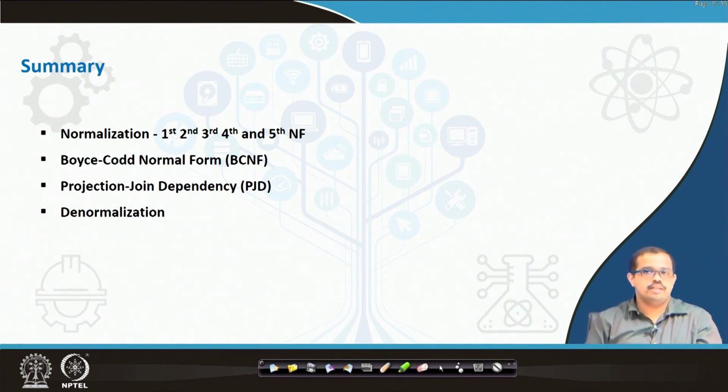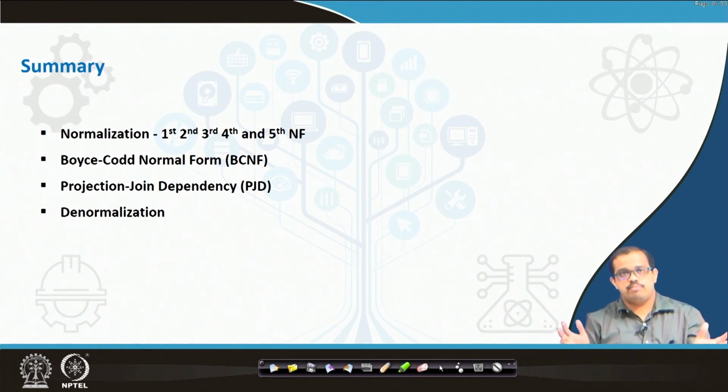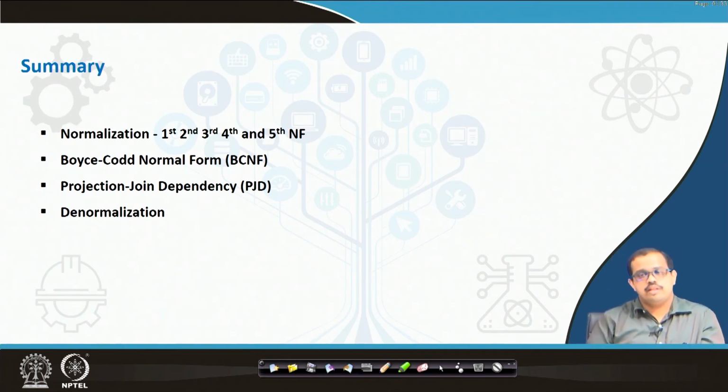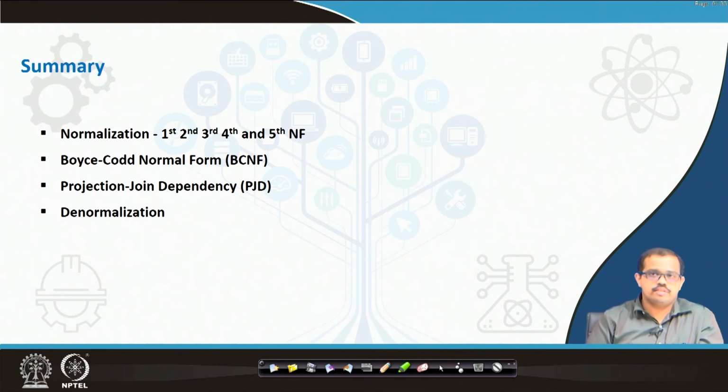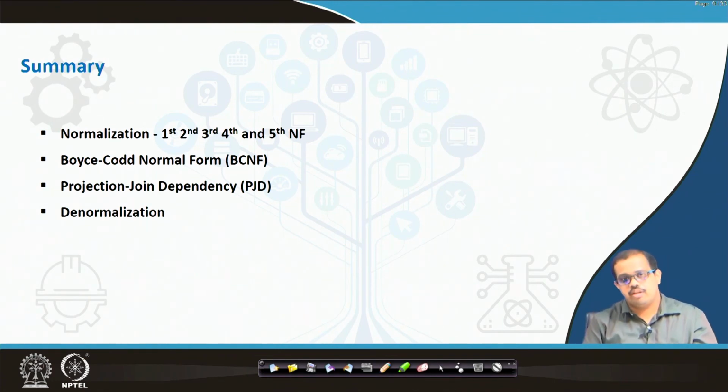I have not spoken about it here because it is a topic that can easily be dealt with for an entire week. It is extremely important if you are trying to understand the fifth normal form. Then we looked at denormalization. I gave an example of how you denormalize from the second normal form to the first normal form. You can do it from any step to any step. That is nothing but denormalization.